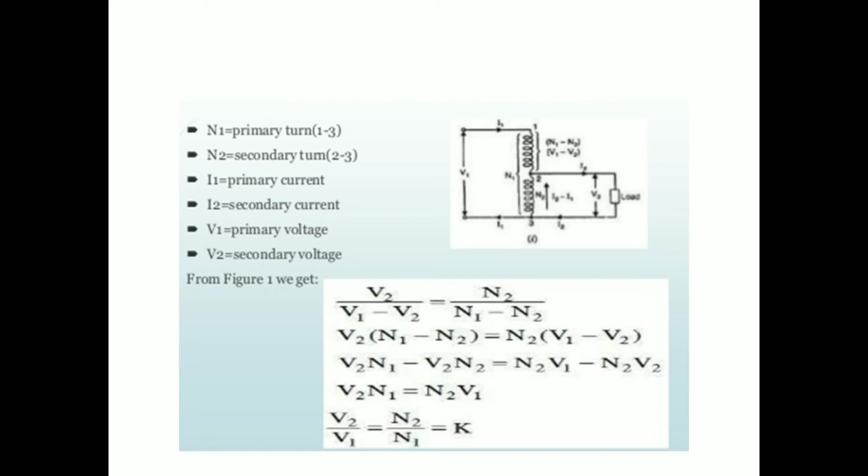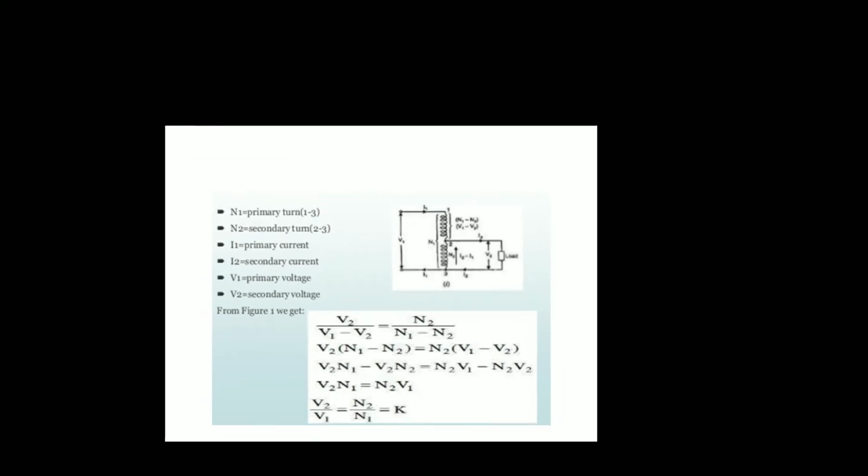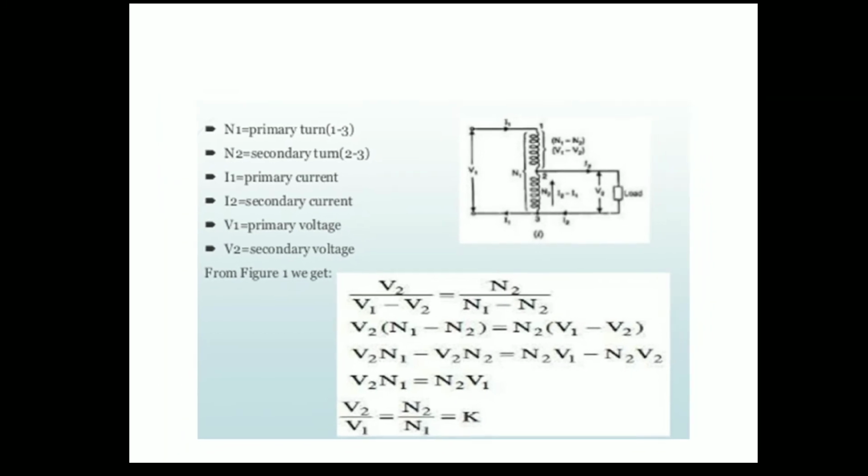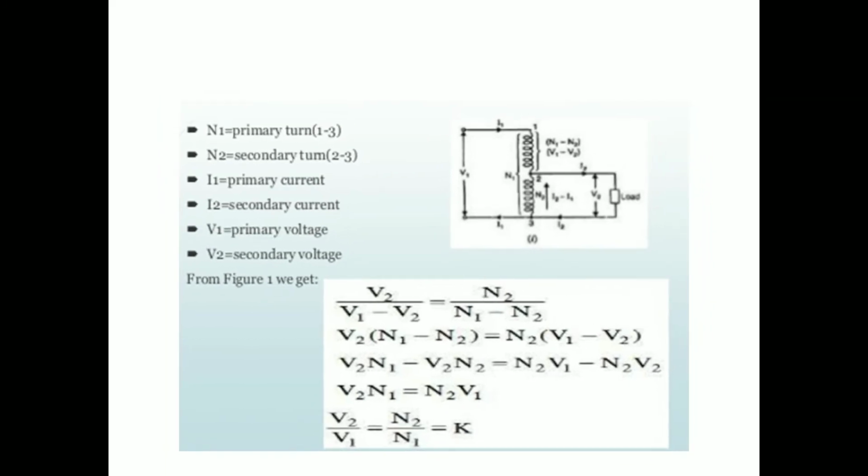So after solving this equation, we get V2 divided by V1 equal to N2 by N1. So that is same as a two winding transformer. So due to the use of a single winding compared to a normal two winding transformer, for the same capacity and voltage ratio, there is a substantial saving in copper in an auto transformer.